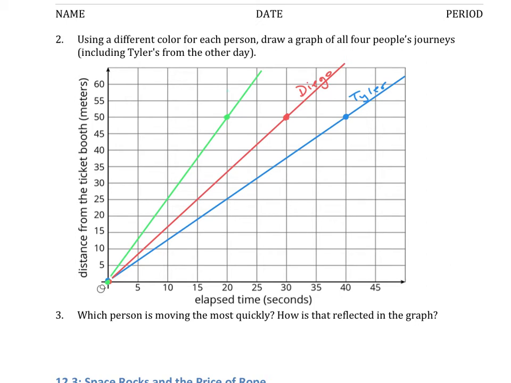So that is Lynn. And then finally May, which I'll do in black. She didn't start at 0, 0. She actually started at 10, 0, which is right here. But she met up with Tyler right here. So after 40 seconds, she caught up to him.